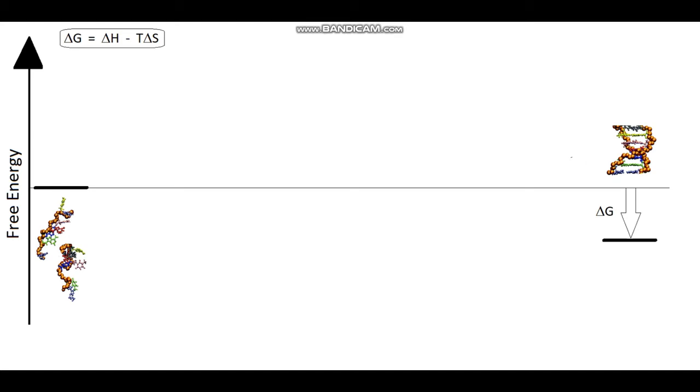In terms of our free energy picture, what that represents is that in the unfolded state, you have a lot of entropy, both because the individual chains, as we saw, are able to sample a huge range of conformations, whereas in the double helix, although there's limited mobility, they're much, much more restricted.